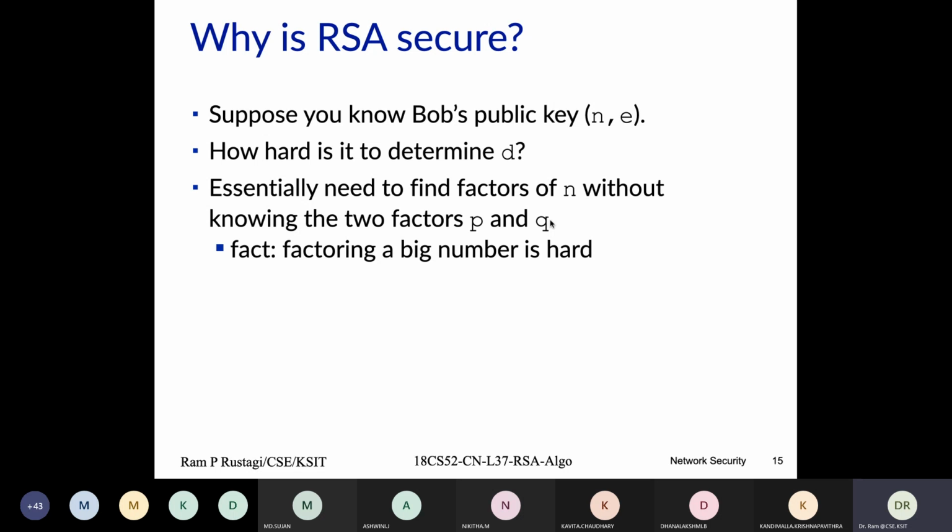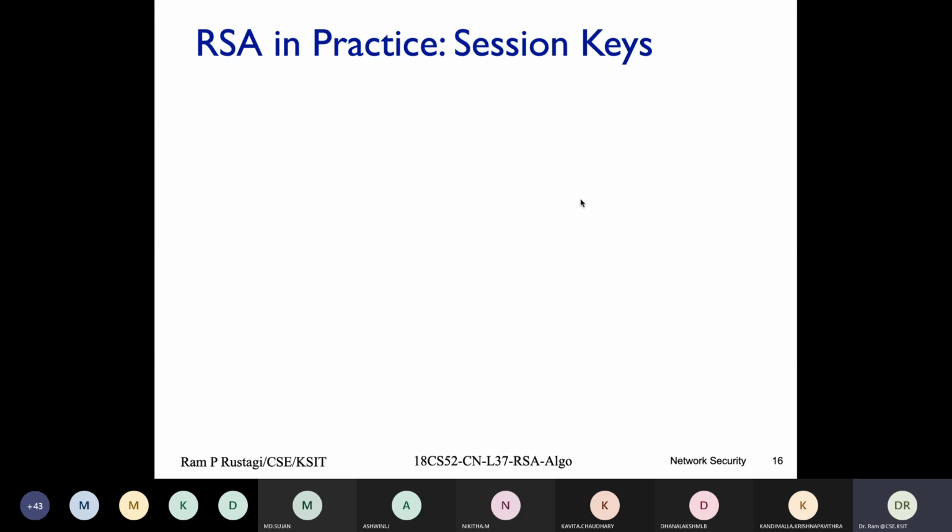That's the reason you see, increasingly, when we started with DES, keys were just 56 bits, and today we use 2048 bits and even 4096 bits, because the larger the key size, the more computationally infeasible it becomes to find the factors of n, because finding a factor is a very hard problem. It will take a huge amount of time, and that is the reason RSA gives you security.